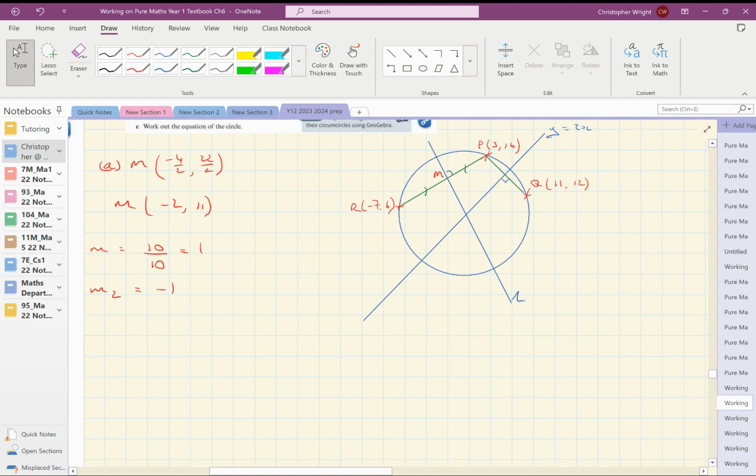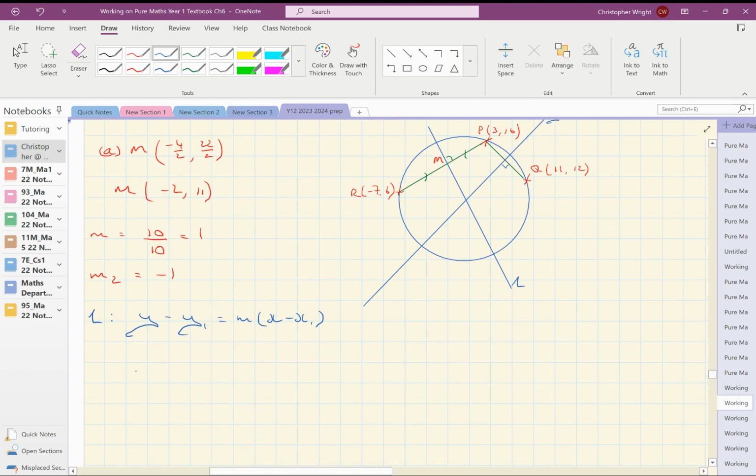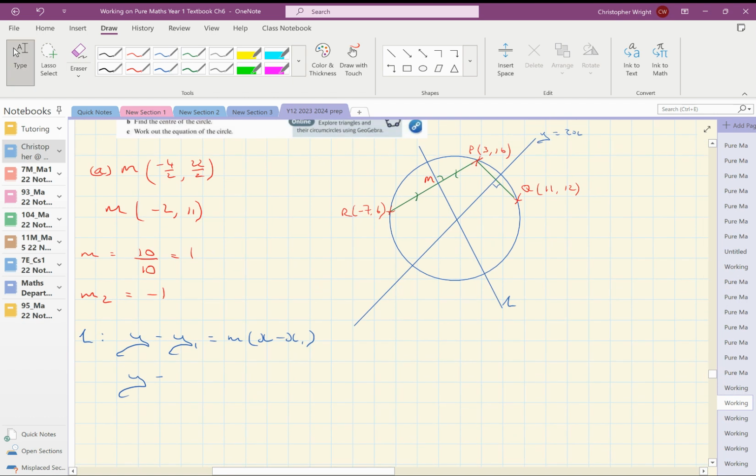So our line L, we can do y minus y1 equals m lots of x minus x1. Brilliant. So that's going to be y minus, the point on the line we know is M, isn't it? So y minus 11 equals the gradient, which is -1, times x plus 2.